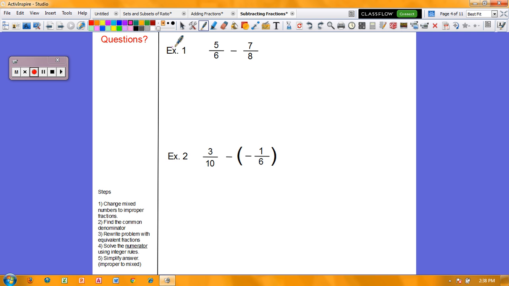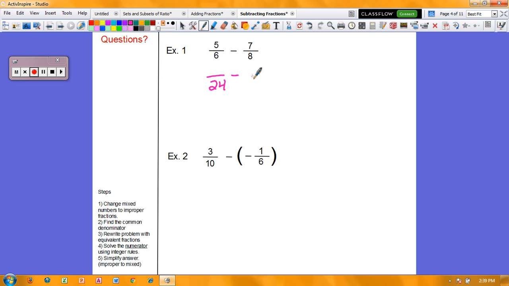Alright, example 1, we have 5/6 minus 7/8. We don't have to change to improper, so now we're just going to find our common denominator. We have a 6, and we have an 8. The least common multiple of 6 and 8 would be 24. So I want to rewrite this with 24.